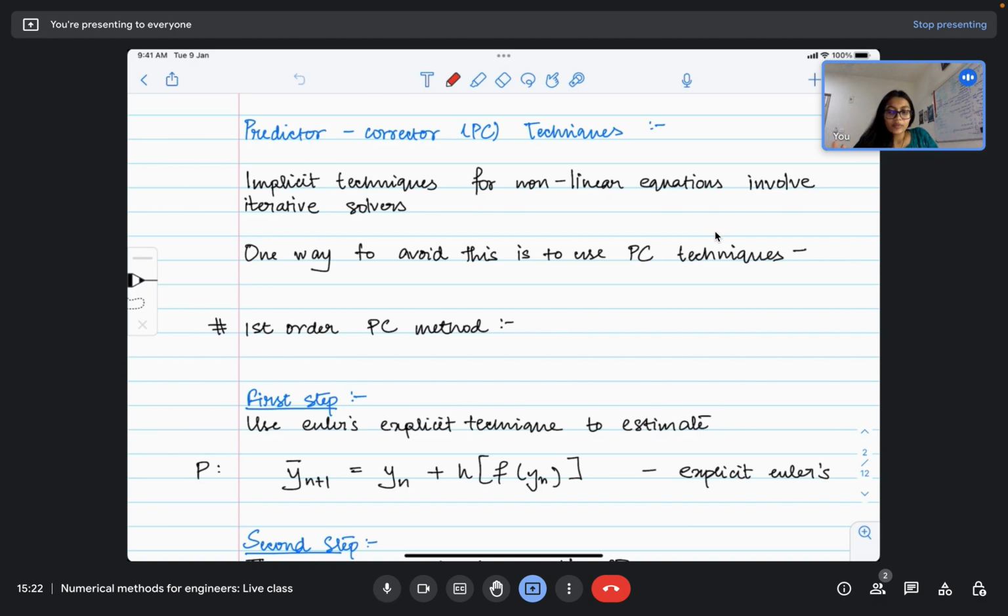So, as in the previous weeks, we have seen what happens in explicit technique, what happens in implicit technique, and so on. So, you must have noticed that sometimes when we are using the explicit technique, the predicted solution quite diverges from the true solution. Okay.